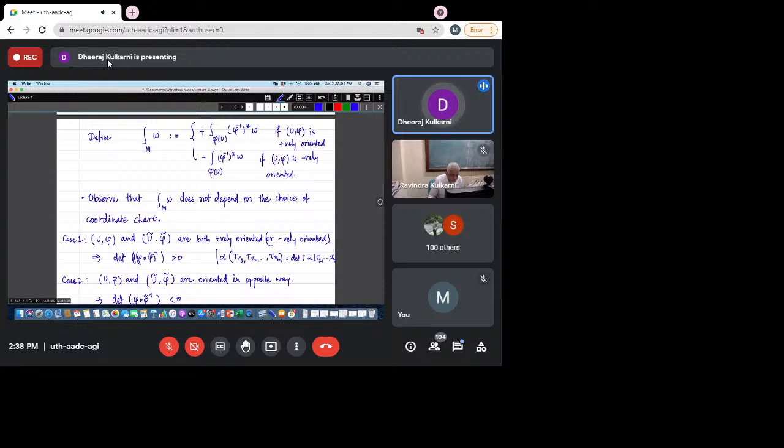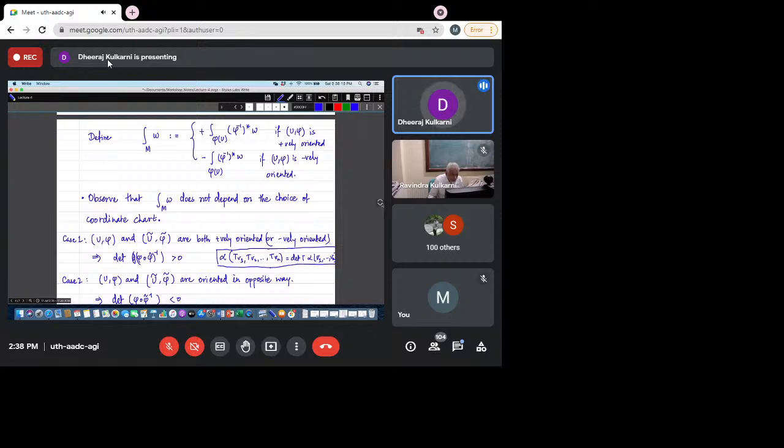So we are implicitly referring to this and we are making use of that at every point. Here the role of T is played by the Jacobian matrix of change of coordinates.